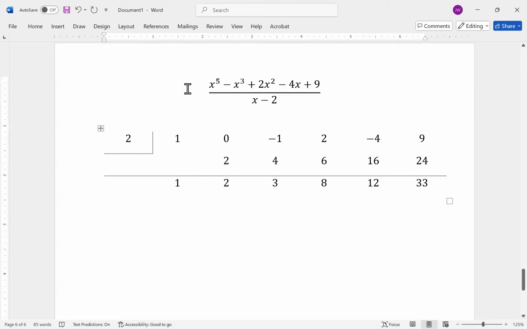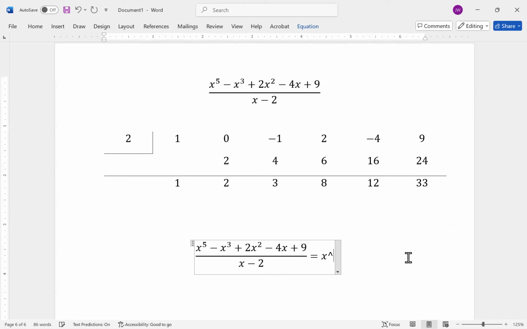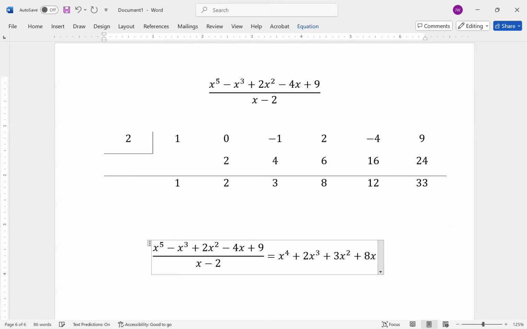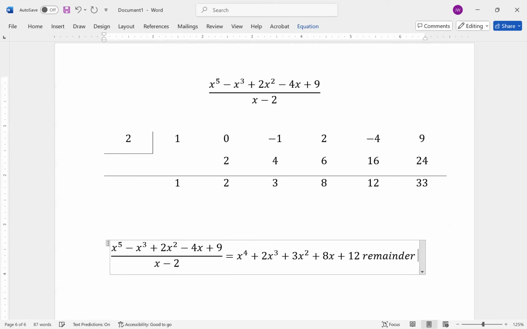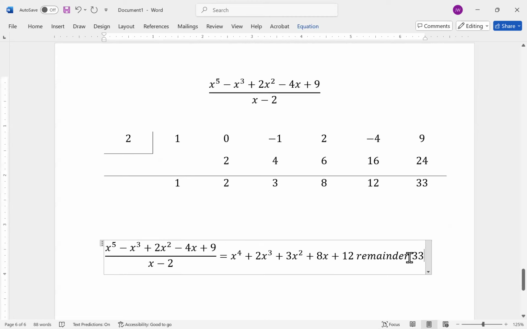So when that's all said and done, this division problem, I know when we divide this 5th degree polynomial by x minus 2, I get x to the 4th plus 2x to the 3rd plus 3x squared plus 8x plus 12, and then plus a remainder of 33.